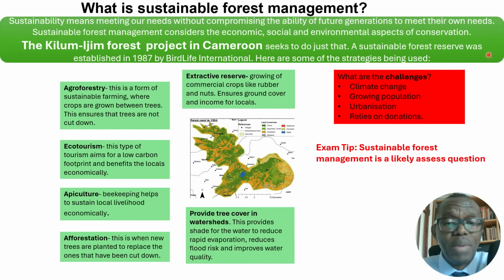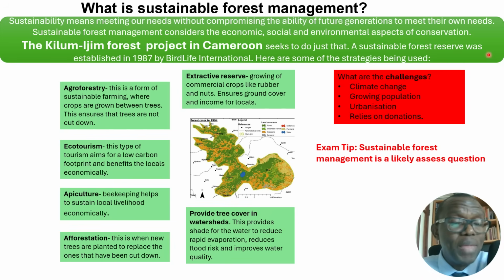So again, one of the main challenges here is climate change. Then you also have a growing population. Now, as the population grows, obviously, there will be need for some of the trees in this forest to be cut down to make way for people's homes.